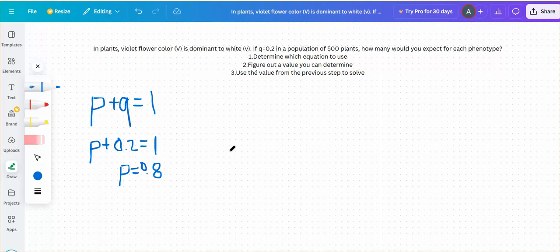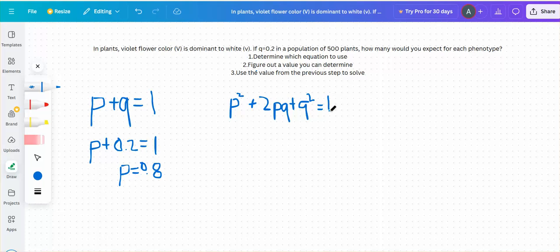So now we know the frequency of both of these alleles, and we can get to answering this question. So if Q equals 0.2 in a population of 500 plants, how many would you expect for each phenotype? Well, if you have P and Q, it's really easy to plug them into the other formula, P squared plus 2PQ plus Q squared equals 1.